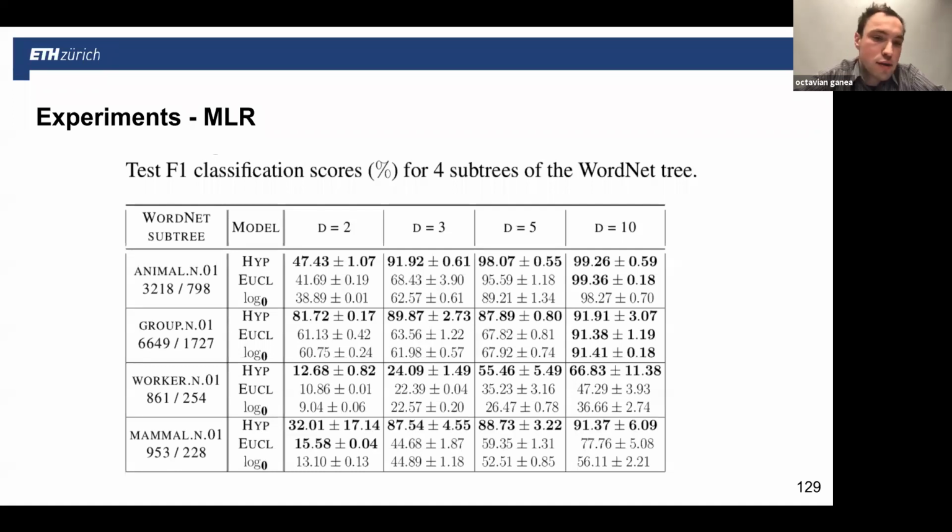This is still part of ongoing research, like how to make these models also work very well in high dimensions. Many people have also seen that optimization is actually very difficult in these spaces. It's much more difficult compared to Euclidean spaces.